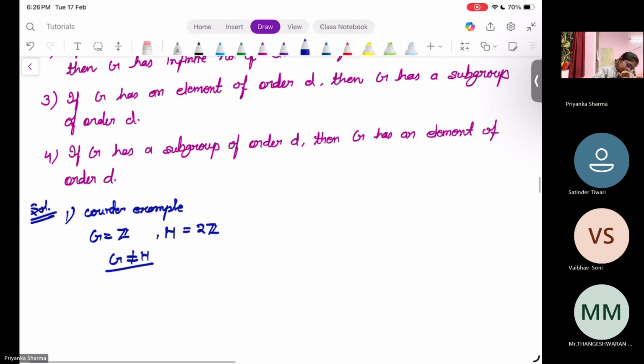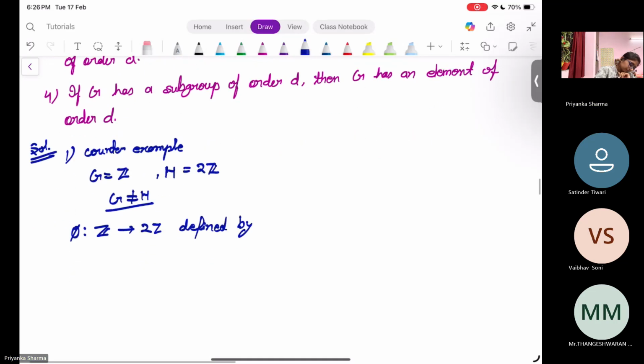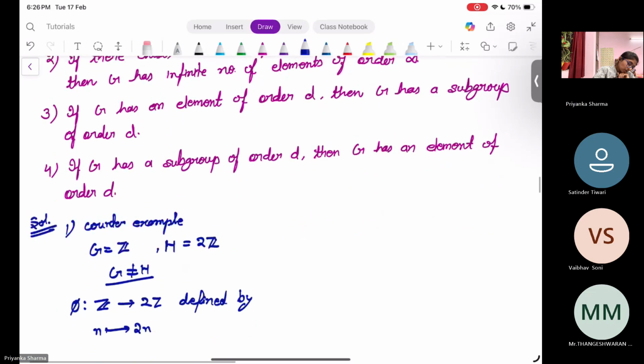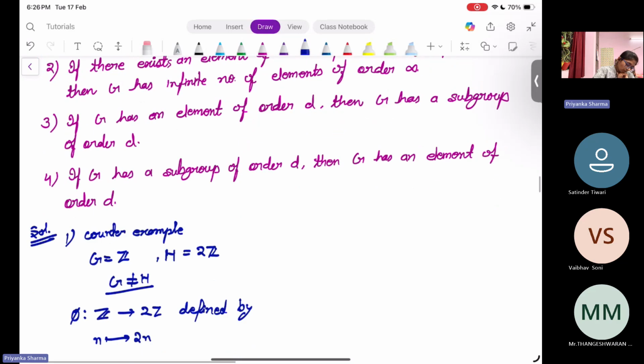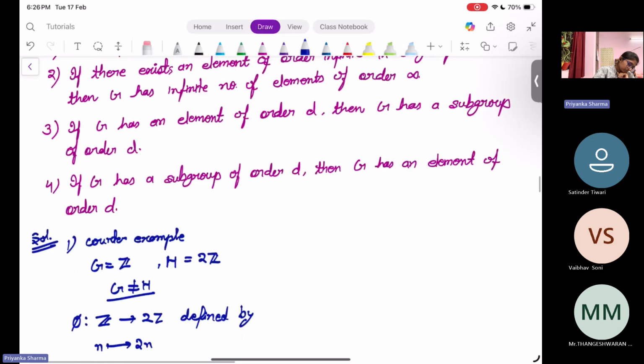But we can have a map from Z to 2Z defined by n to 2n, which is an isomorphism. So in this way, we have an example where a group is isomorphic to its proper subgroup. So the first statement is not true.